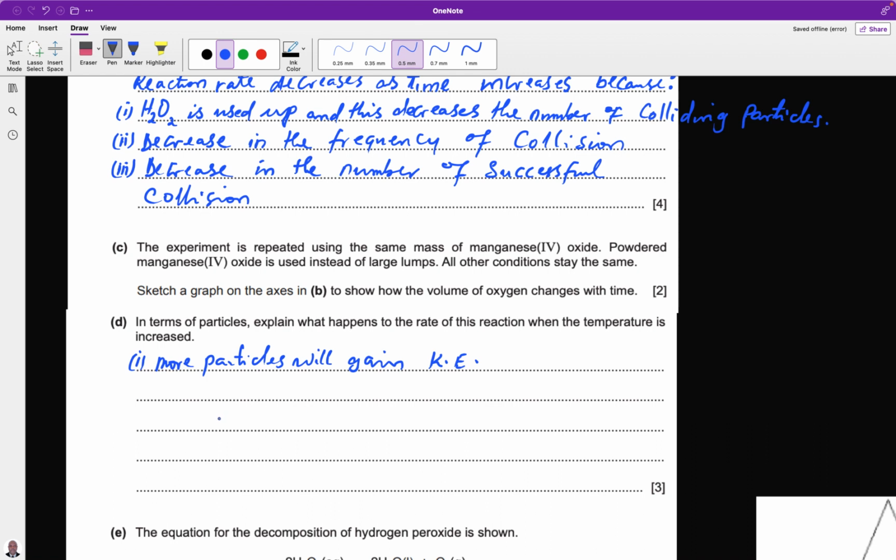Two, more particles acquire energy equal to or above the activation energy.